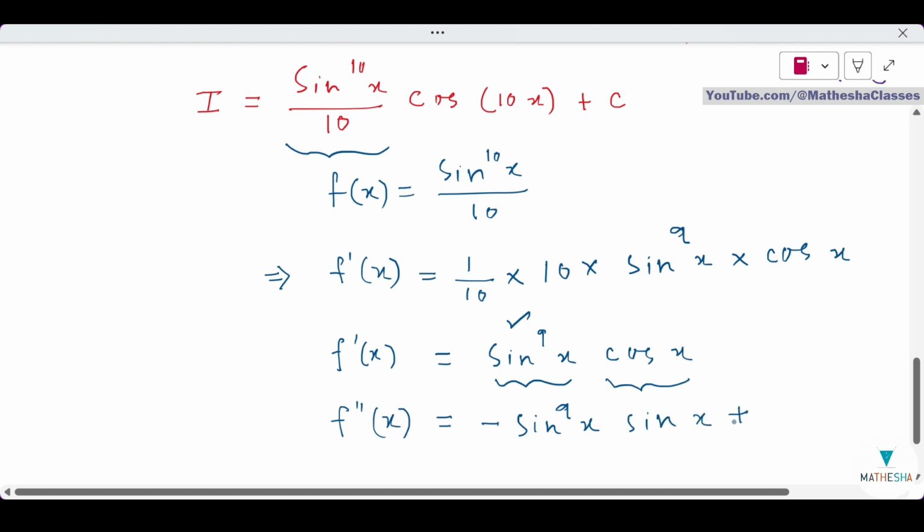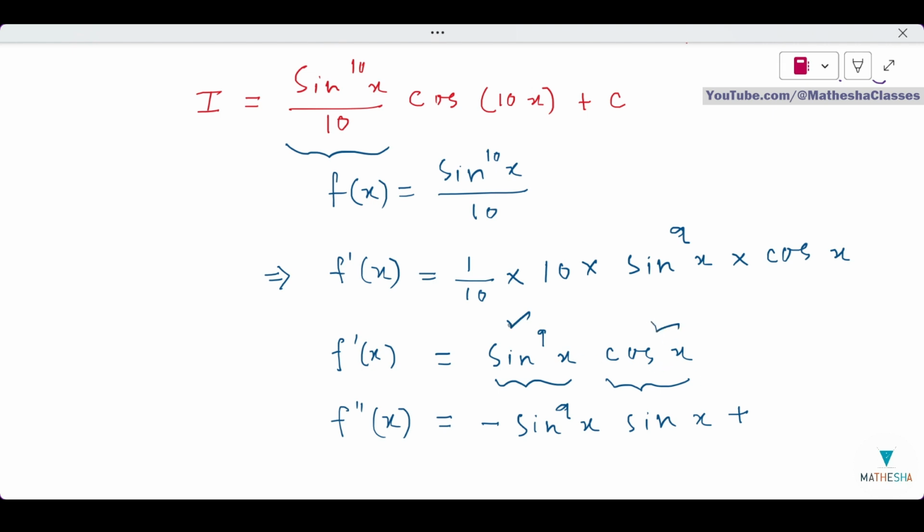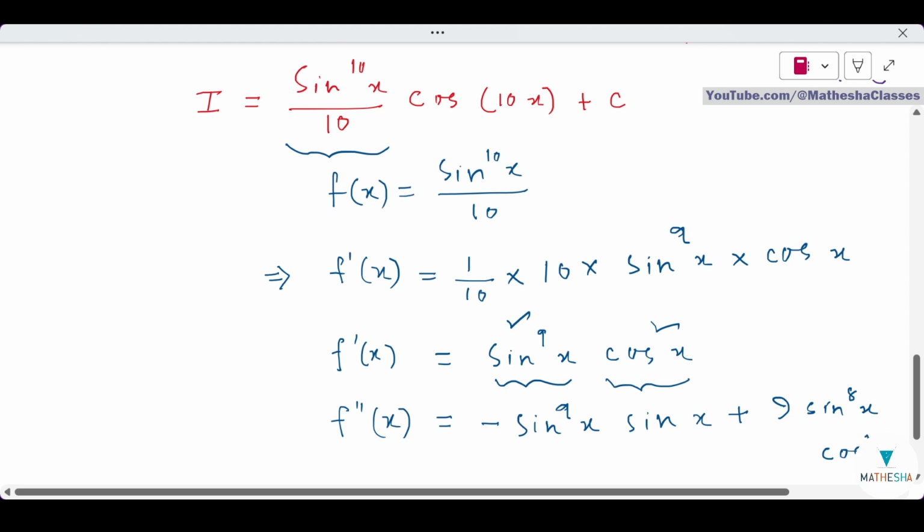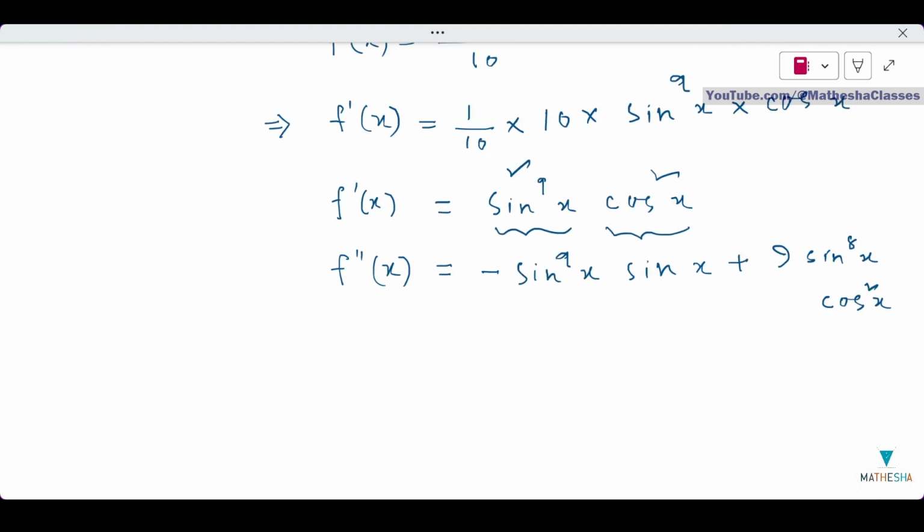For the second term, cos x will remain fixed, and we have to take the derivative of sin^9 x, and that will give you 9 sin^8 x, and then the derivative of sin x, that means cos x, and another cos x will make it cos^2 x.